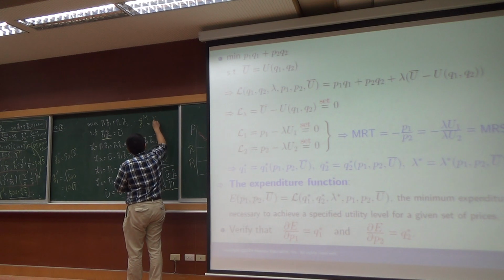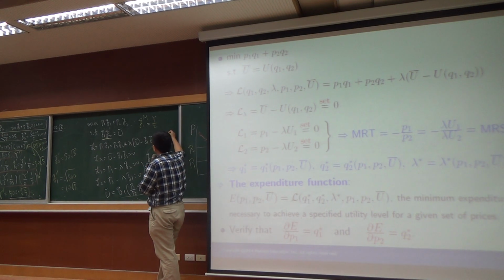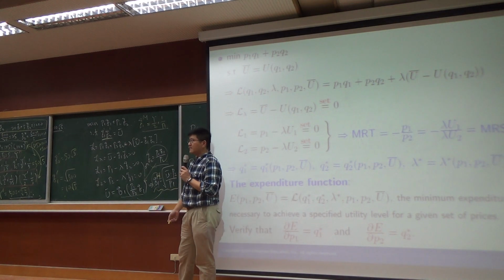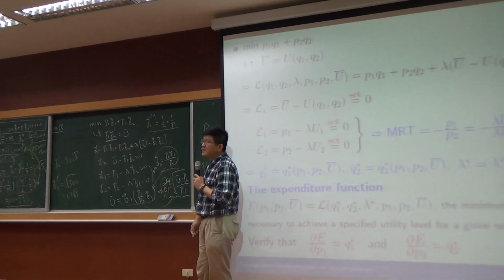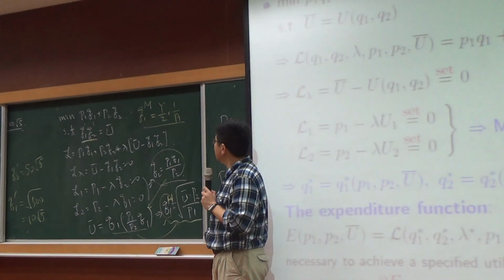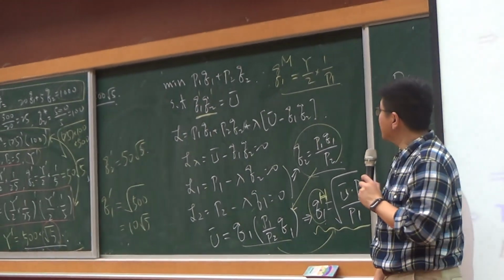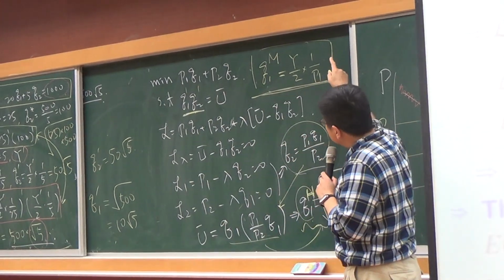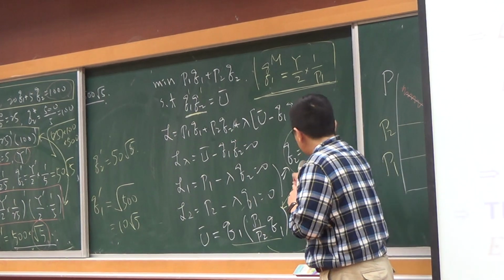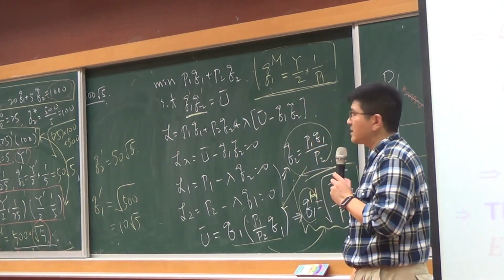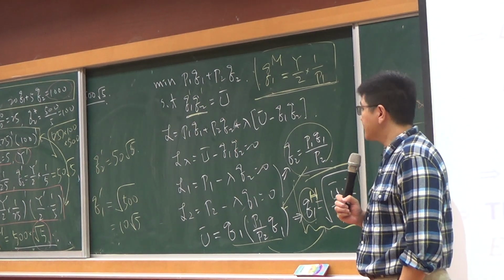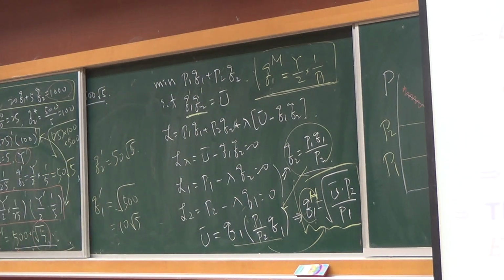It would be half of Y divided by P1 only. All right? So this is the Marshallian demand curve. This is the Hicksian demand. What's the difference?